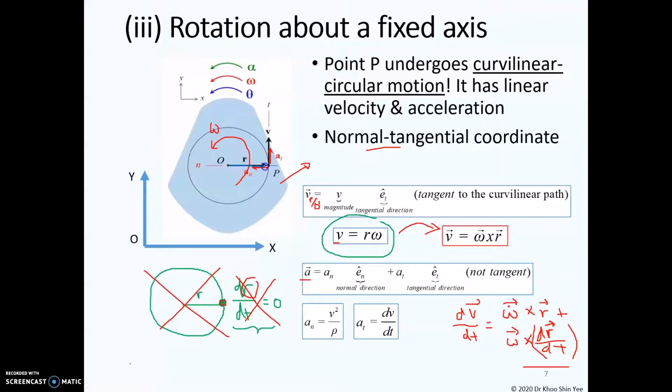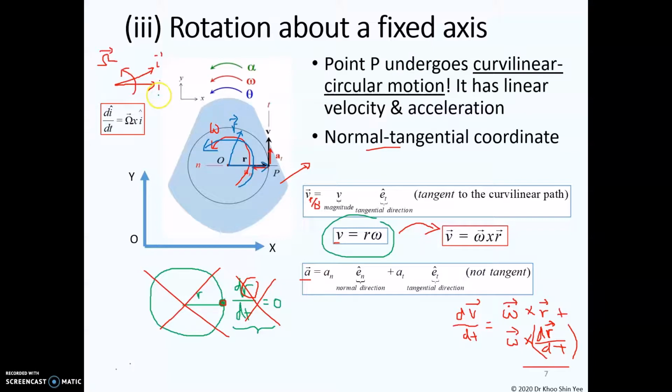In this case, you have the r vector changed with respect to the rotation. So at a particular moment, you have the r vector here. At the next moment, the r vector will be changed in terms of direction. Previously, in the relative motion analysis, you have learned this equation. The change of the unit vector i, the i dot, with respect to time is equal to the angular velocity of the frame multiplied with the unit vector i.